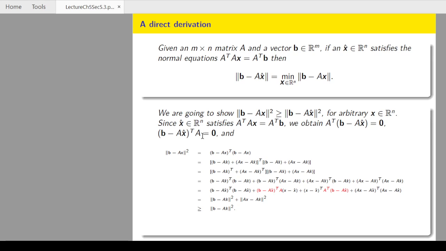Then we take a look at the square of the distance between b and Ax. This square of distance is the same as the scalar product of the vector and itself. For this, we do a simple algebra.